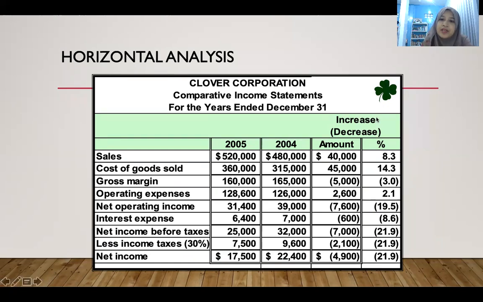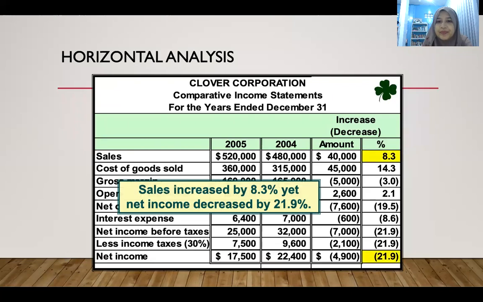In accounting, I think you're very familiar that whenever we put in brackets, it means we deduct. So in this context, whenever we put in brackets, it means a decrease. It could be indicated in this way, or with a minus or plus amount.